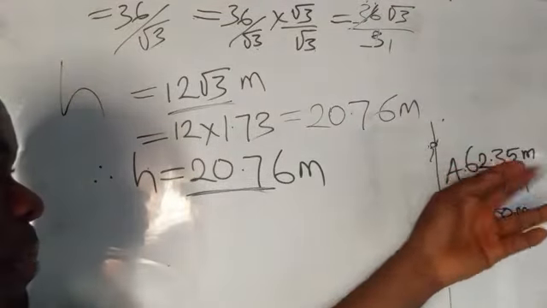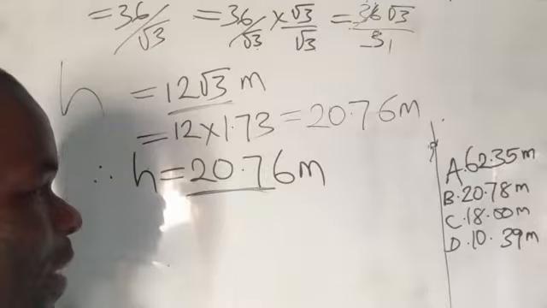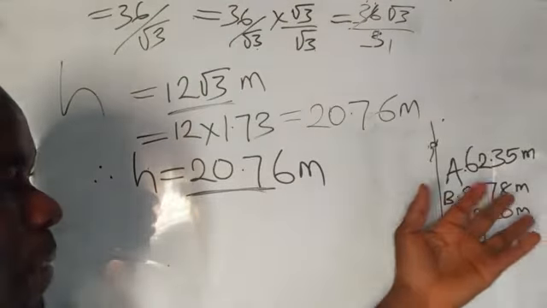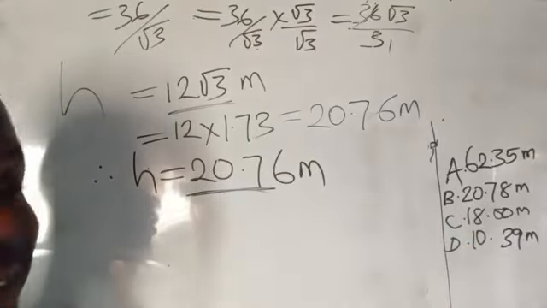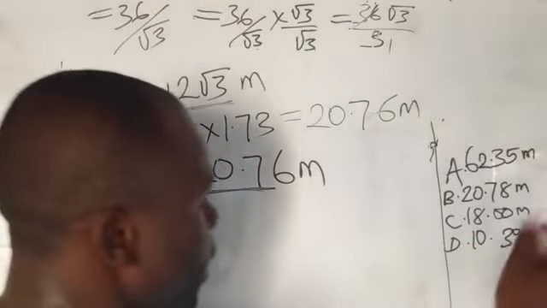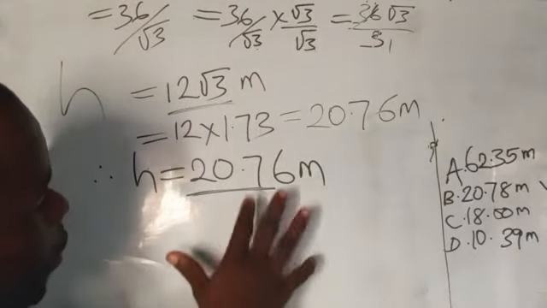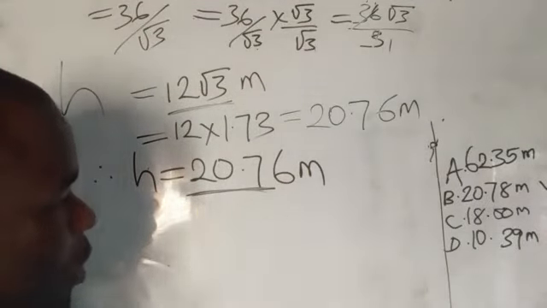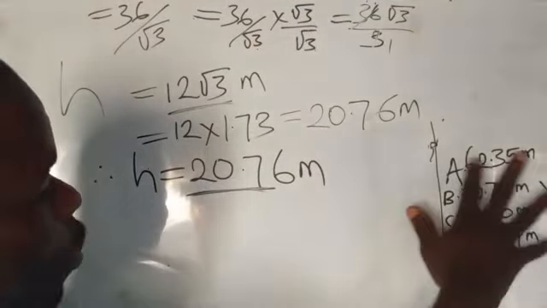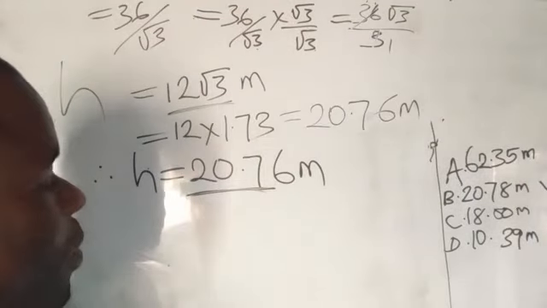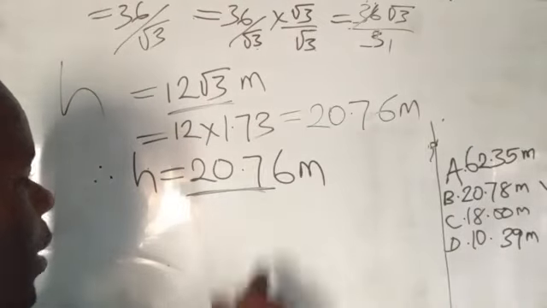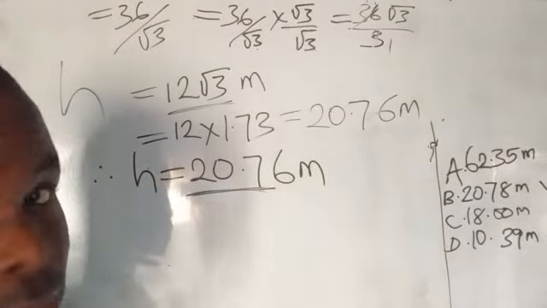Option A is 62.35 meters. No. Then option B is 20.78 meters, and that's the closest answer. So option B is correct. Okay, these differences are because of approximation. So 20.78 is the right option, and that's the correct one. That is closest to this. So bye.